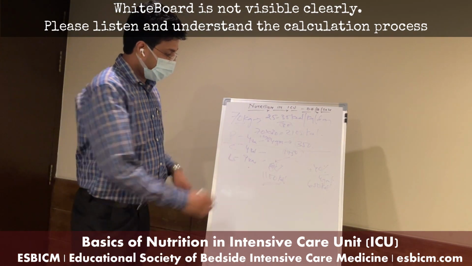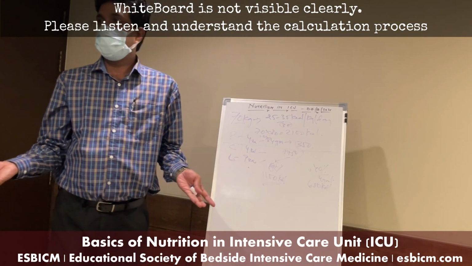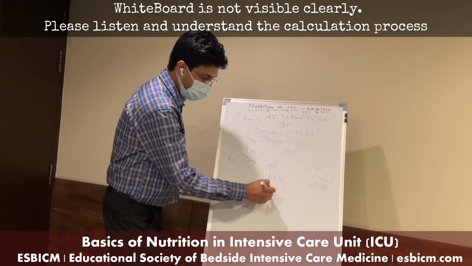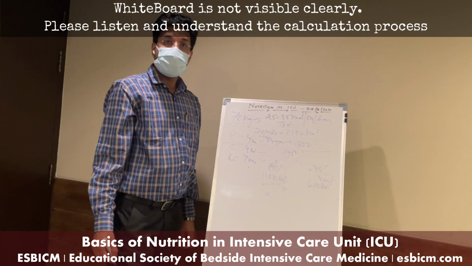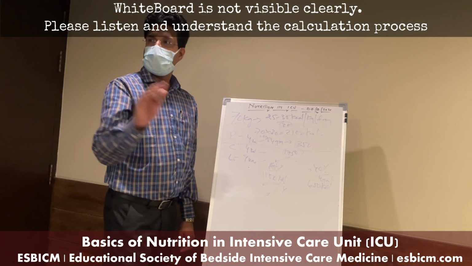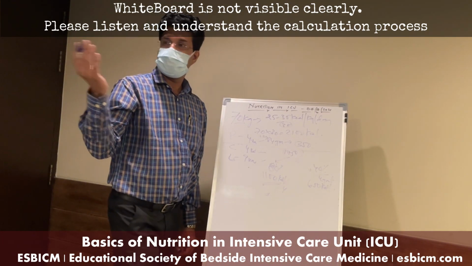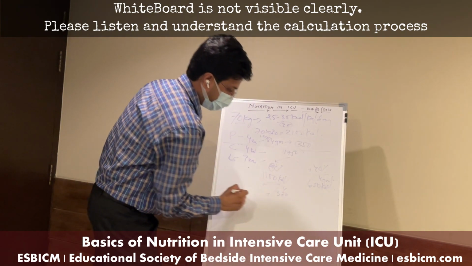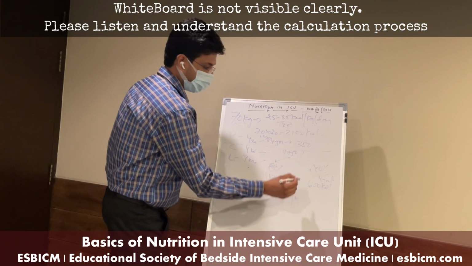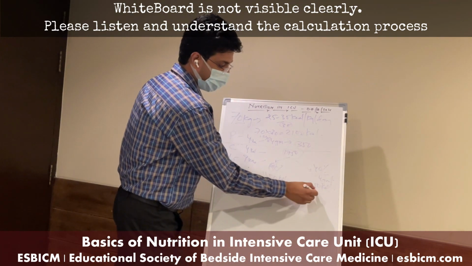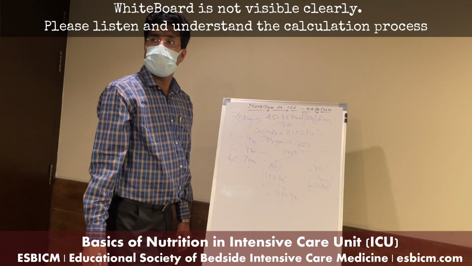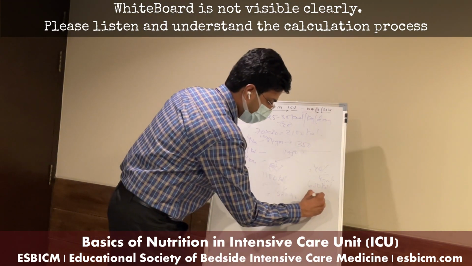So 1100 divided by 4 gives how many grams of carbohydrate we need to supplement. Approximately 300 grams. And 650 divided by 9, approximately 70 grams.